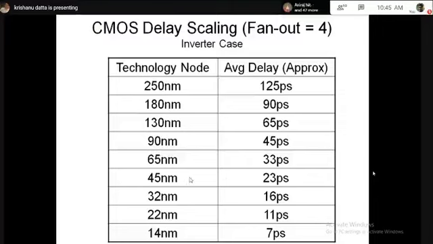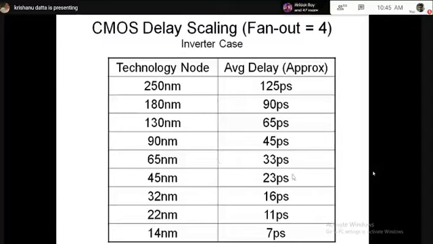Now, for example, in our lab, if you get the opportunity to do lab in this semester, you will be working on 180 nanometer TSMC process. There you will find that the average delay of the gates will be coming in the range of 90 picoseconds. Now, if college allows for online lab, I have the technology with 45 nanometer.